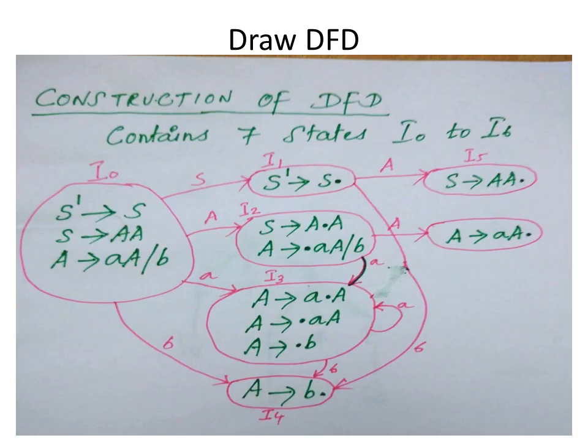So next step is to draw the DFA diagram, data flow diagram, for the given grammar. This construction of the diagram contains 7 states, starting from I0 to I6.